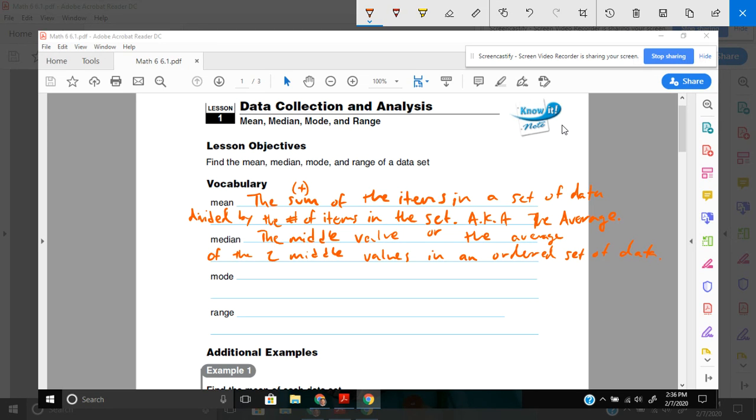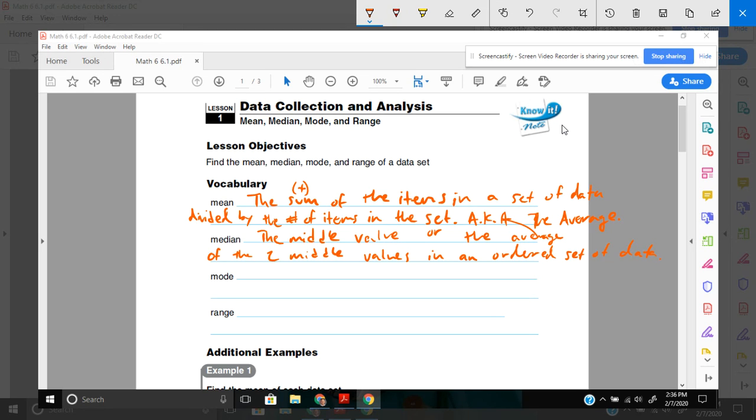So what that means is basically you line up your numbers from smallest to largest, and whatever's in the middle, that would be considered your median. Or if there's two numbers that are in the middle, then you just take the average of those two numbers. And we'll see an example like that here shortly.